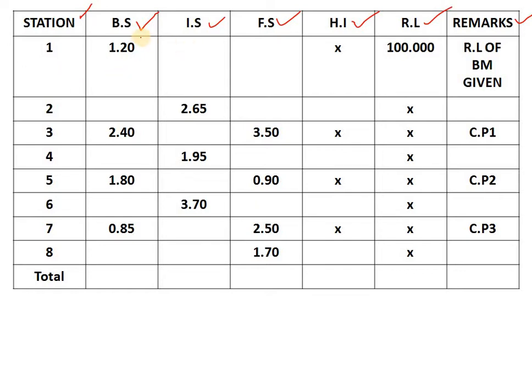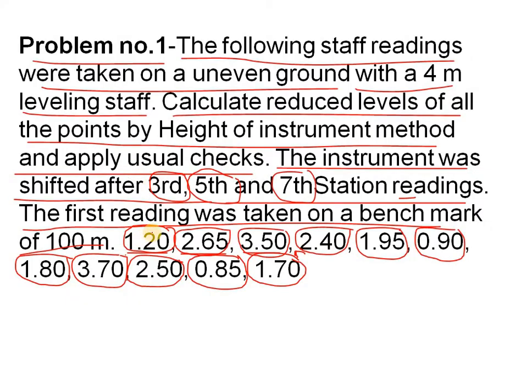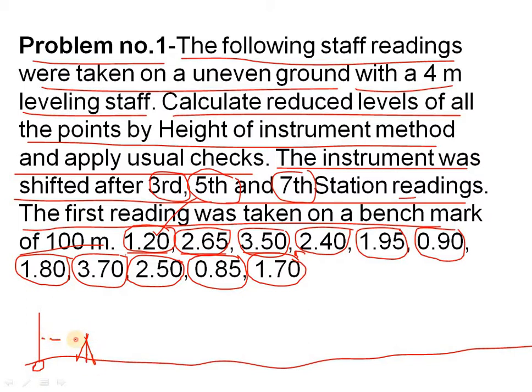The first one will be the reading which is called back side, 1.20. You can see here, this first one is 1.20. This is on the staff, on flat level ground. The first one will be the benchmark, and the instrument is fixed here. So this is called BS, the first reading 1.20.